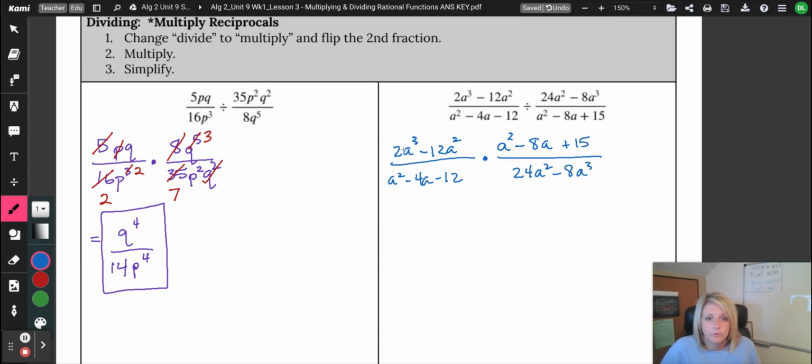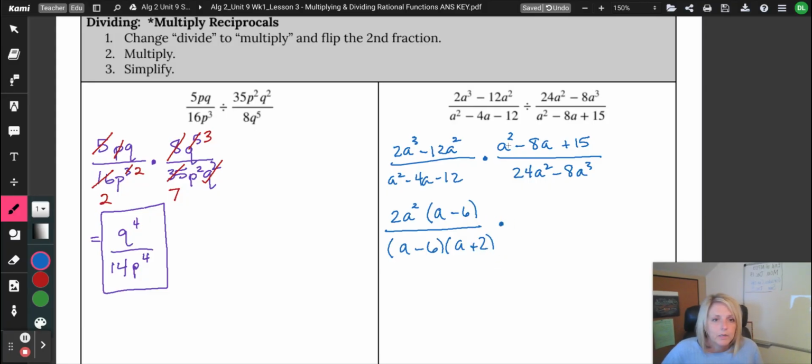Okay, now we can start factoring. So in the numerator, I can factor out a 2a squared, and that will leave me with an a minus 6. In the denominator, I can factor this into, let's see, I'm going to do 6 and 2 because that subtracts to give me 4. So a minus 6 and a plus 2.